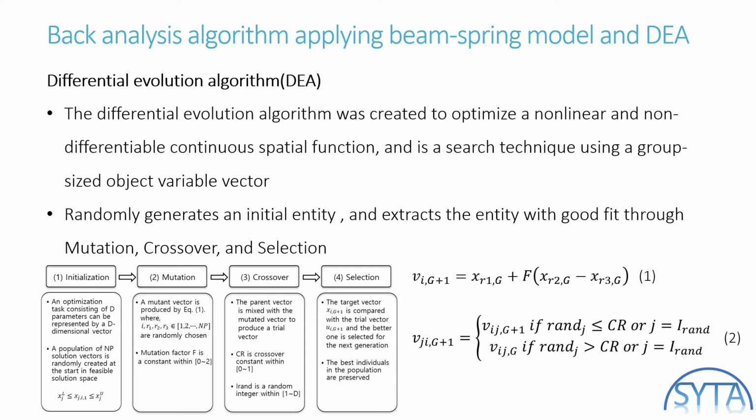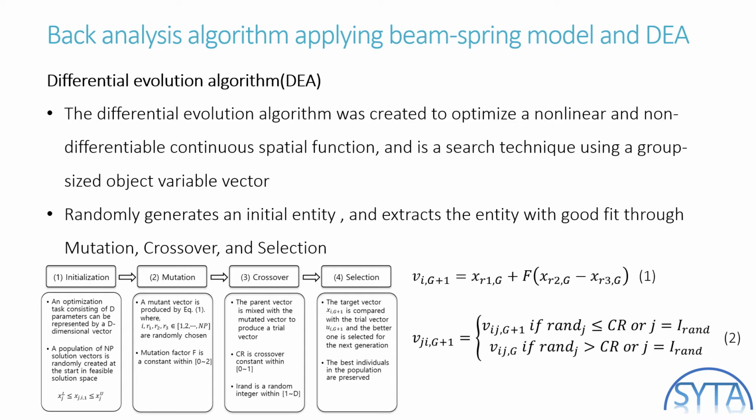In this figure, G denotes generation in the evolution process, D denotes dimension of vectors, and P is the population size. F is the mutation constant with values between 0 and 2, and CR is the crossover constant with a value between 0 and 1.